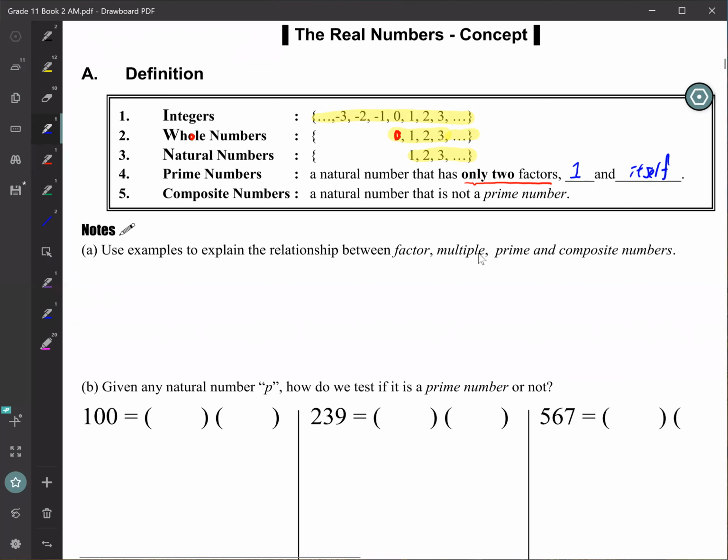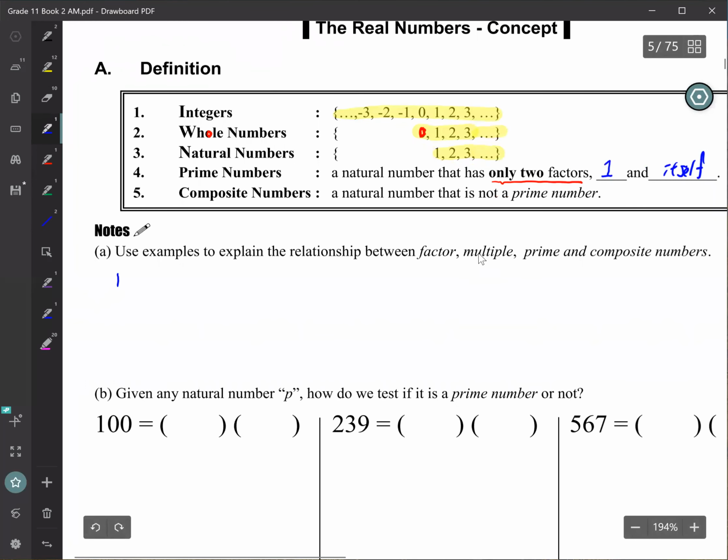For example, Yosher, what will be a prime number? 3. 3, because? It only has 2 factors. Which 2? 1 and 3. Yeah, very good. So prime numbers, put it in here, prime number will be like 3 because it's 1 times 3, or same as 3 times 1. So we know it will be a prime number.